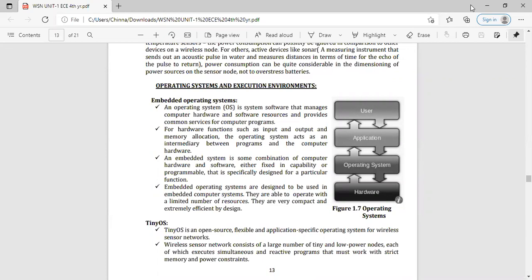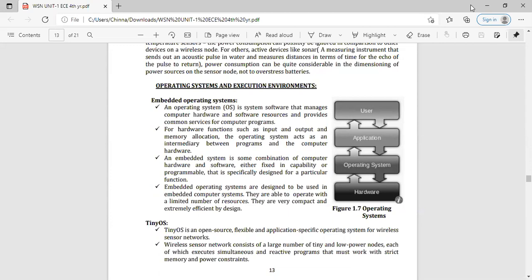It is cyclic. Coming to the operating system, it is system software that manages the computer hardware and software resources and provides common services for computer programs. So here we always provide the software for managing the hardware and software, and also manage the resources allocated for particular communication services.